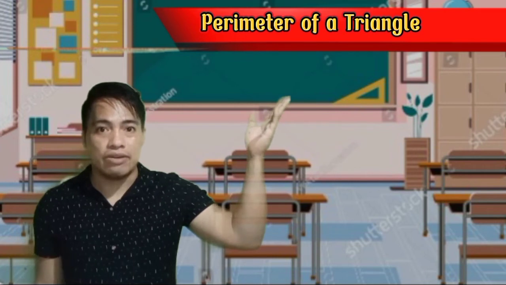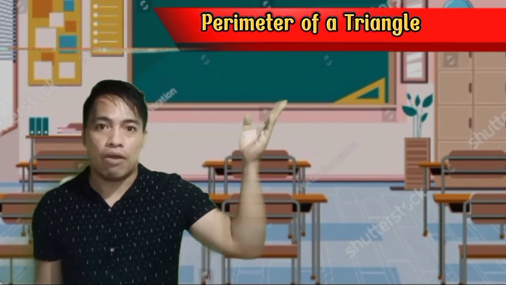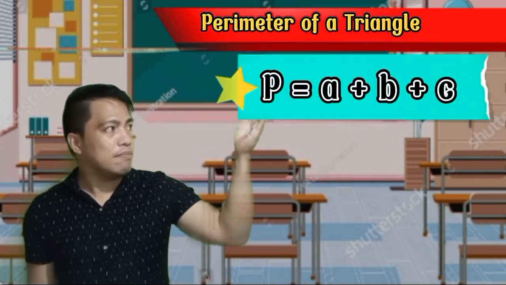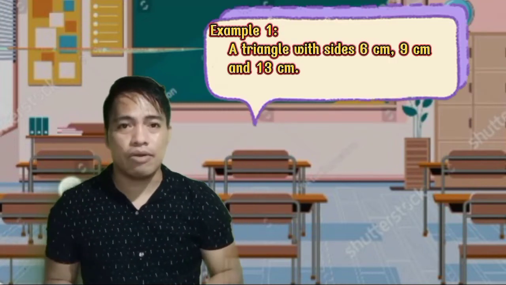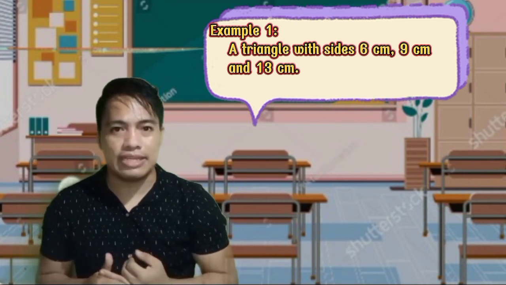This is the formula to solve the perimeter of a triangle: we find the value of the sides of the triangle. Perimeter of a triangle equals A plus B plus C. For example, a triangle with sides 6 cm, 9 cm, and 13 cm.